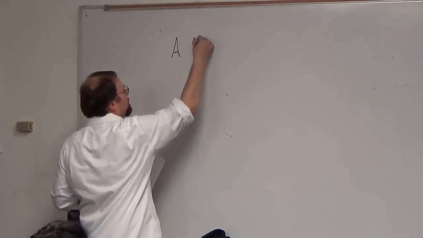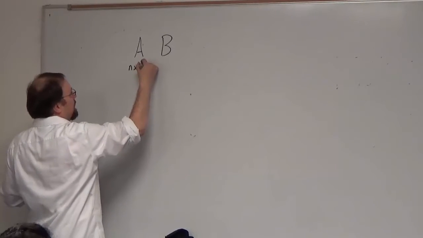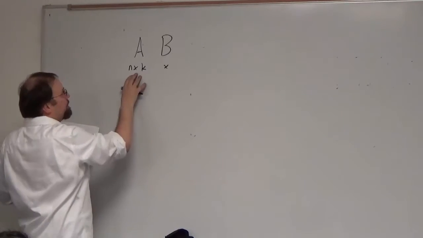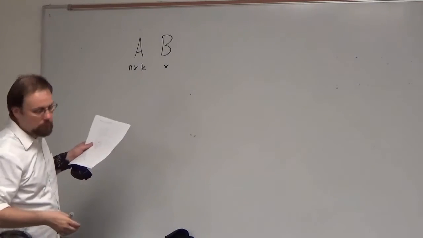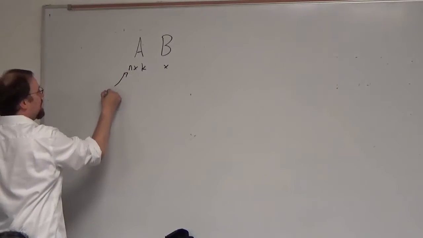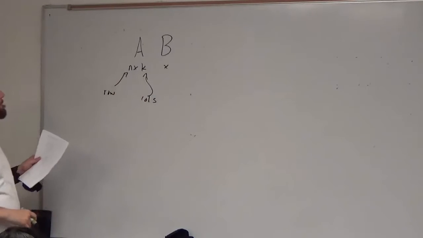So if you multiply matrices, a matrix has a size. It's the number of rows by some number of columns.